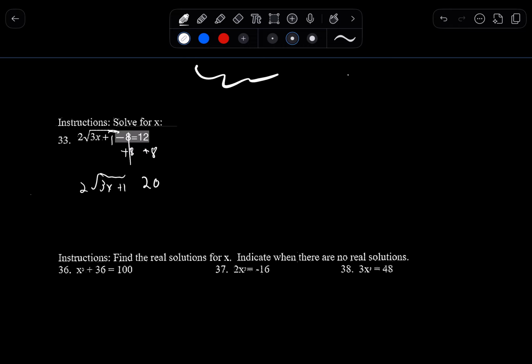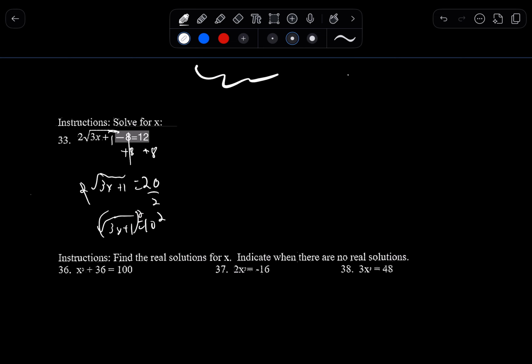Now we want to get rid of the 2, so we do 20 divided by 2, which is 10. So 10 equals radical 3x plus 1. Because this is in a radical, a square root, we're going to square both sides.